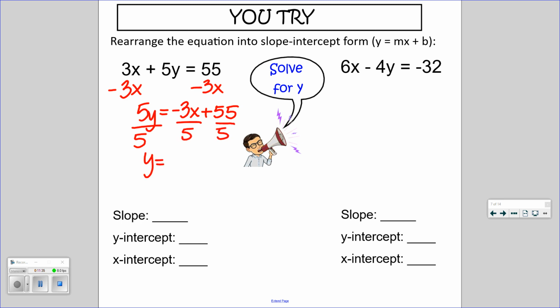So that gives me negative 3/5 x plus 11. My slope then would be negative 3/5. The y-intercept is 11. Again, the x-intercept is going to be very kind of tricky. It's not a real pretty answer. A lot of x-intercepts are not very pretty answers.